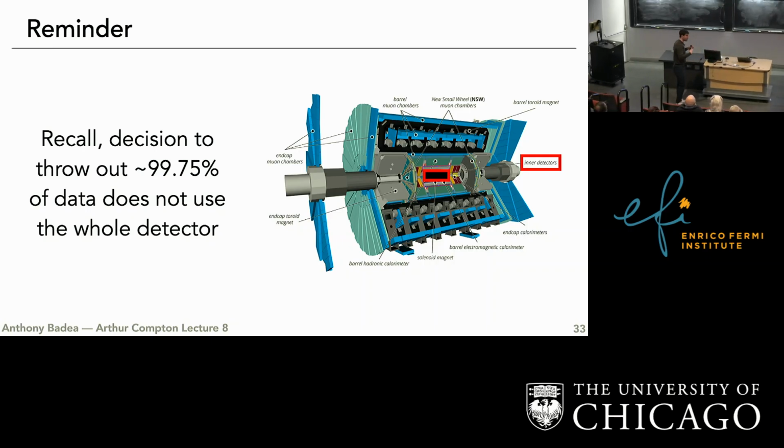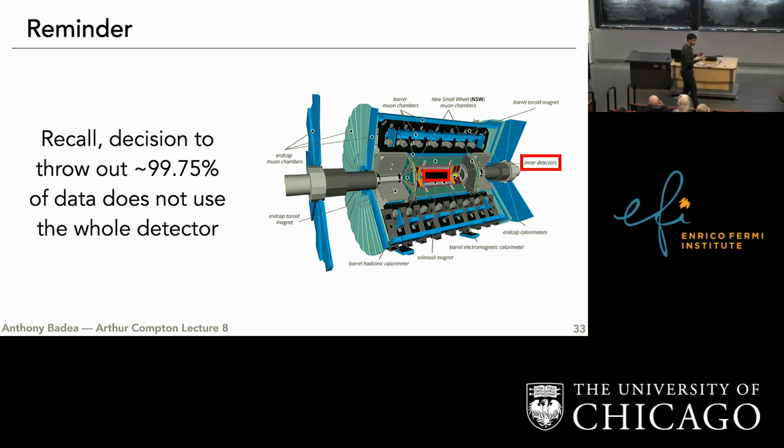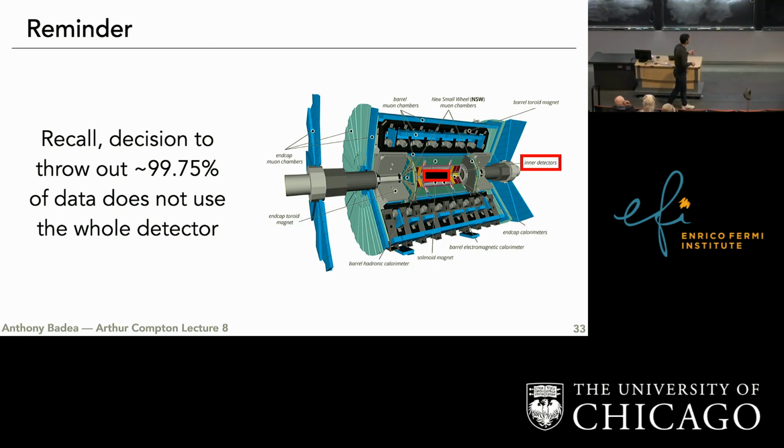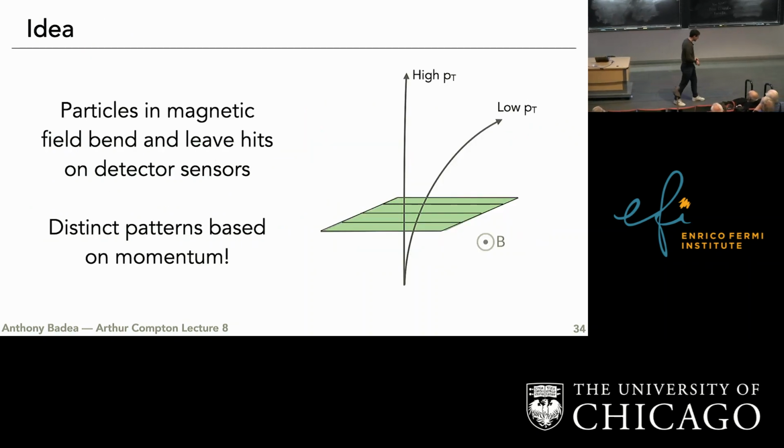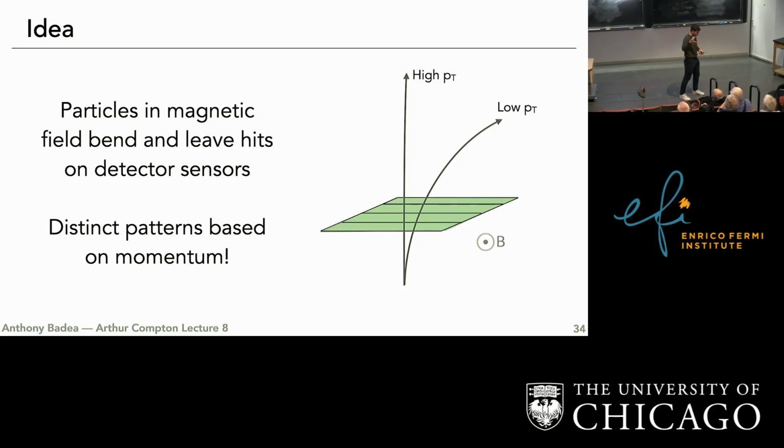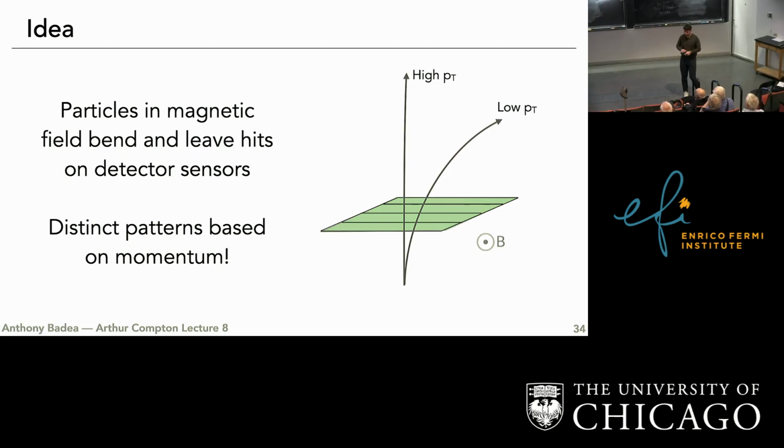And we make decisions that then result in discarding data. Now that data is usually background, but there's a chance that it actually contains physics we're interested in. We don't use it at all. And so the nutshell of the idea is, if you look right at that detector level and ask what's happening, in effect, you have particles moving in a magnetic field, and they bend.